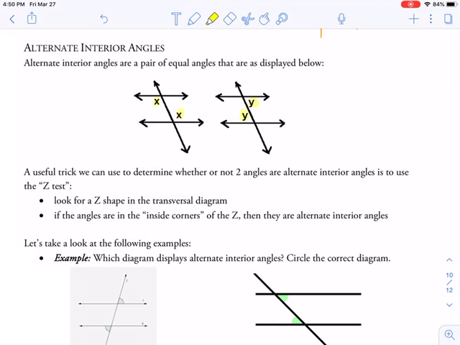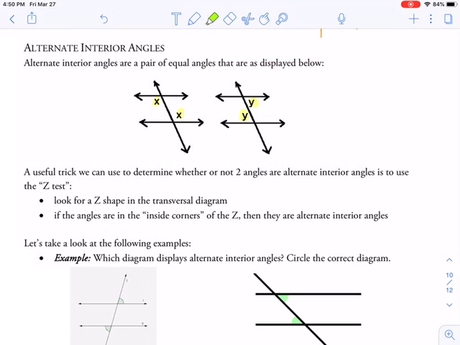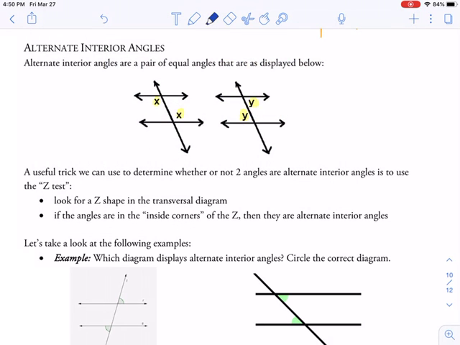A useful trick that I like to tell people is the Z trick. If you want to determine whether angles are alternate interior angles, look for a Z shape in the transversal diagram. So for example, there, that's kind of a Z shape. I can see that Z shape right there.